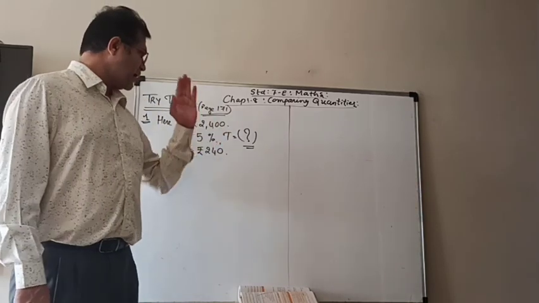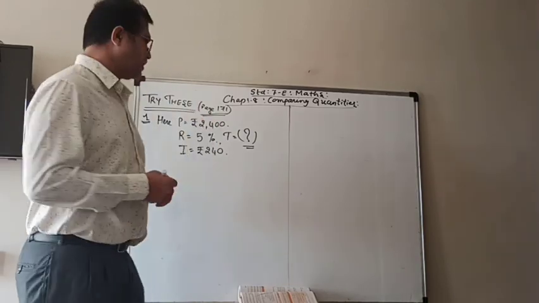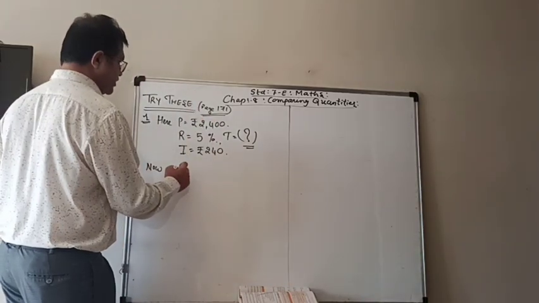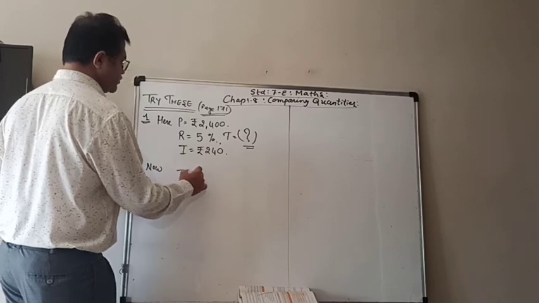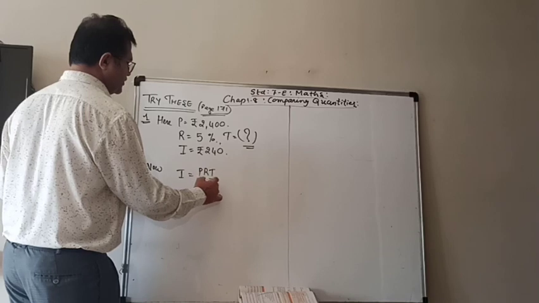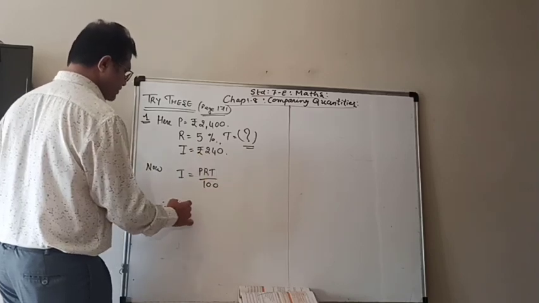So here P is given, R is given and interest is given, we have to find out time T. So now we use the formula I is equal to PRT upon 100. What is I? 240.